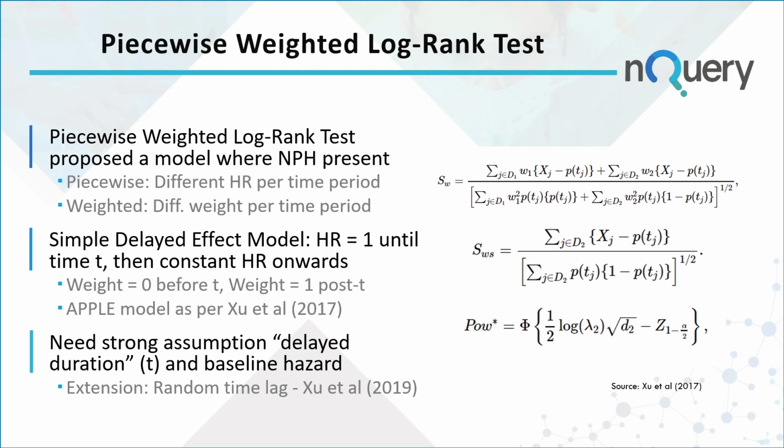But it is important to note that no matter what you're doing in regards to those weights, you are having to make a fairly strong assumption about when you expect the treatment to start being efficacious. So you're having to say, I think after 6 months, after 12 months, after 3 months, after a week, we think the immunotherapy will kick in, for lack of a better term. And you need to know that a priori, and build that into your model.